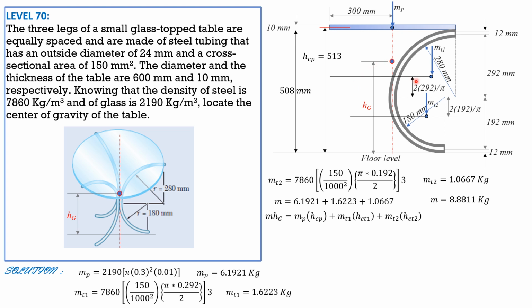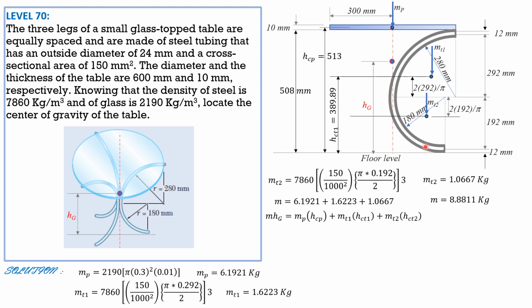Then this distance is 12 plus 192 plus 2r over pi. So 2 times 292 over pi. So 12 plus 192 plus 2 times 292 over pi, that's 389.89 mm.